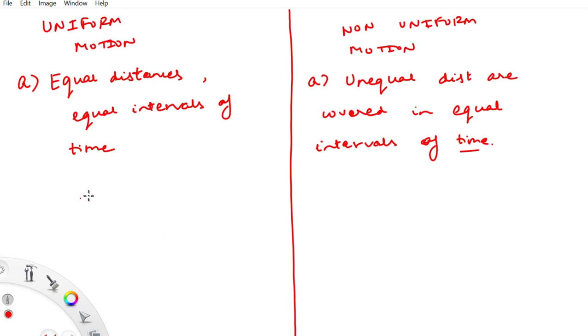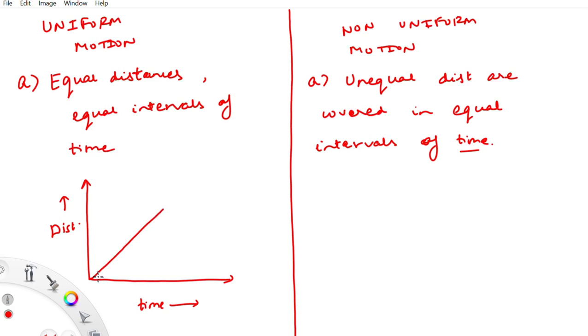So if I draw a graph of uniform motion, although we learn about graphs in detail, so let's say this is distance on the y-axis and time on the x-axis. So the graph in case of uniform motion looks somewhat like this. If I assign some numbers over here, it will become easier for you.